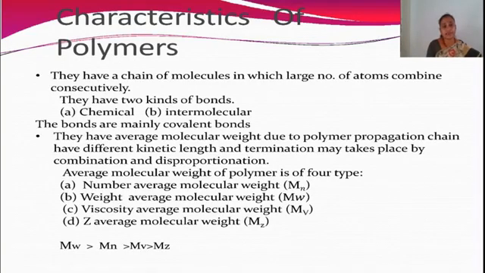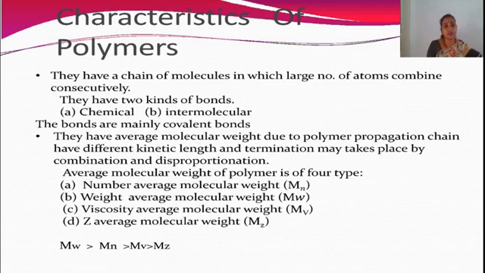Next, characteristics of the polymers. Polymers have a chain of molecules in which a large number of atoms combine consecutively. Means they have basically two kinds of bonds present. First one is chemical bond and other one is intramolecular bond, and these bonds are mainly made up of covalent bonds.